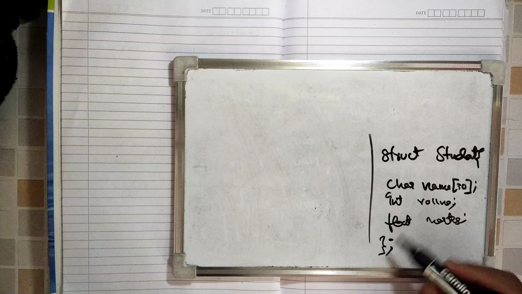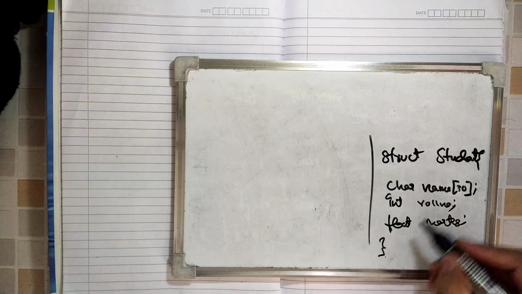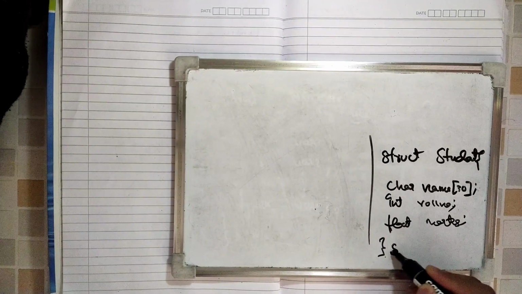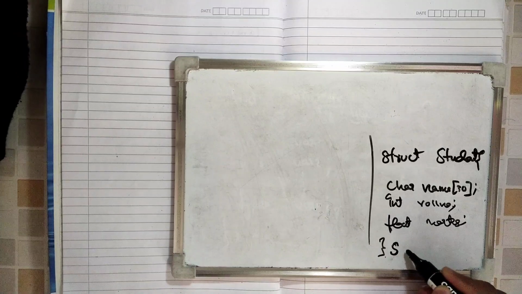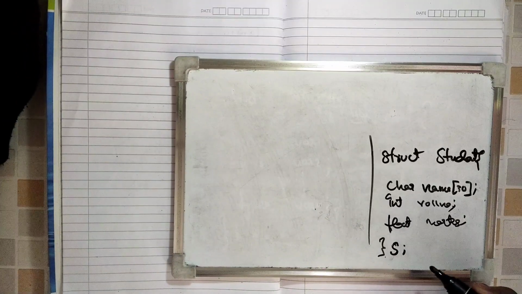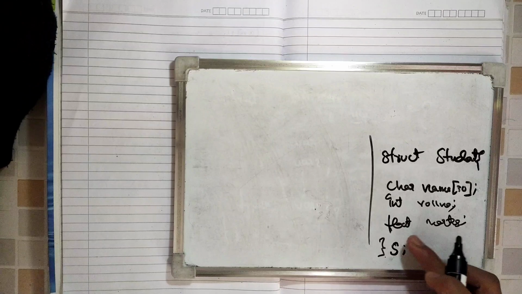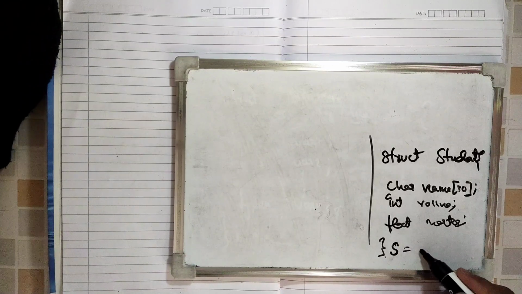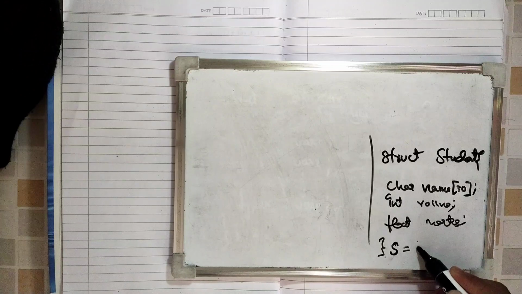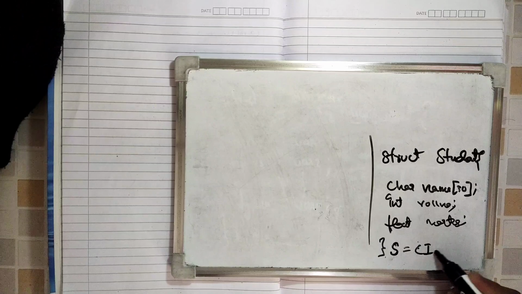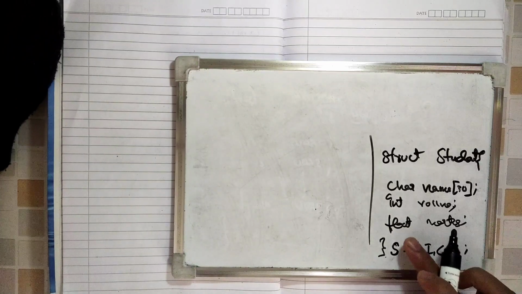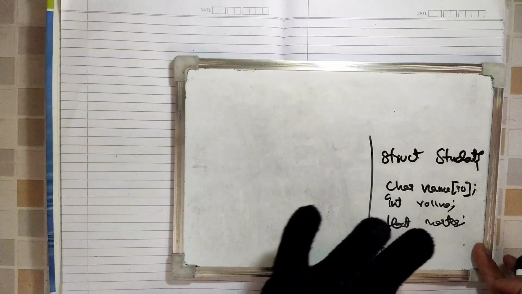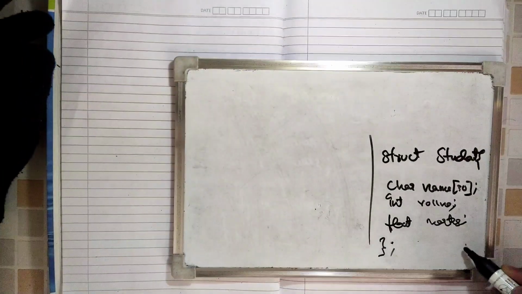One way: after the closing bracket, I can create a structure variable like this, s. Or else, here itself I can initialize, s is equal to, say ci comma csc, and then close the bracket.